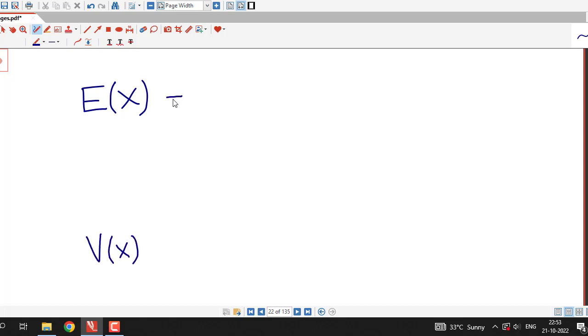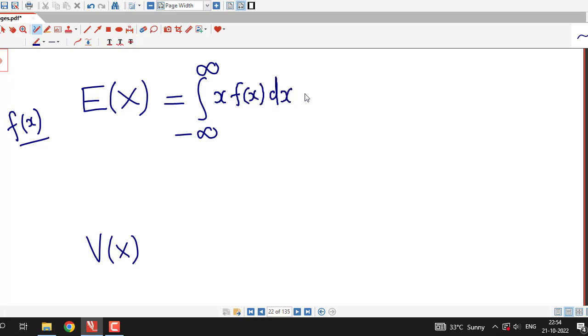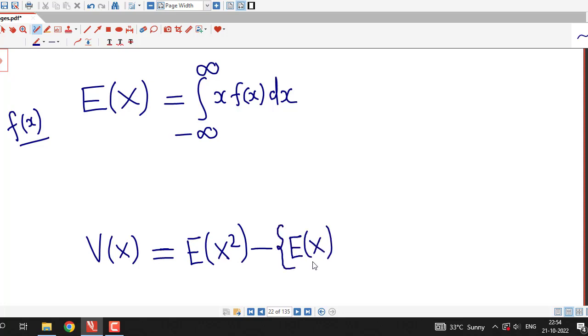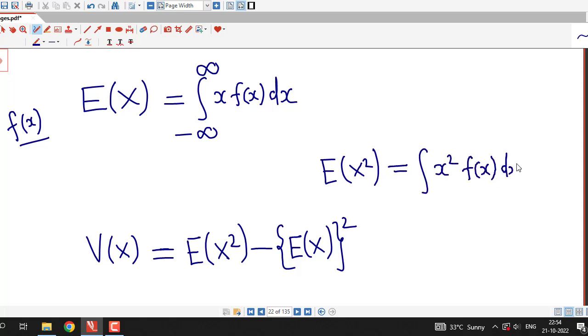We know that if capital X is a random variable whose PDF is given by f(x), then the mean of x is given by the integral of x times f(x) from minus infinity to infinity, and variance is obtained by using this formula: expected value of x square minus square of expected value of x, that is mean of x, where this expected value of x square can be obtained by integrating x square times f(x) with respect to x from minus infinity to infinity.